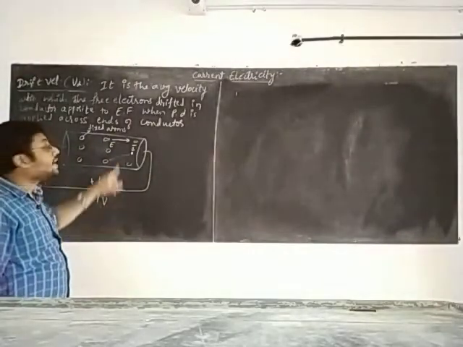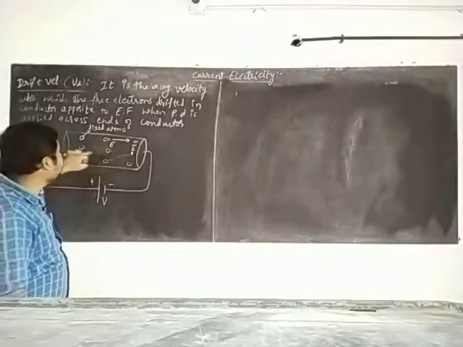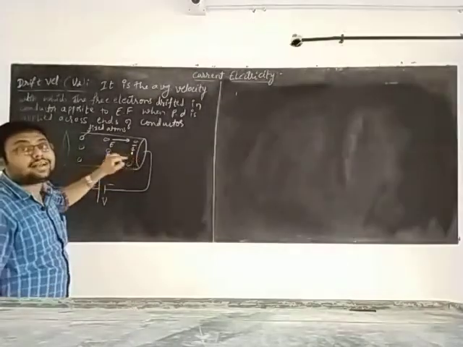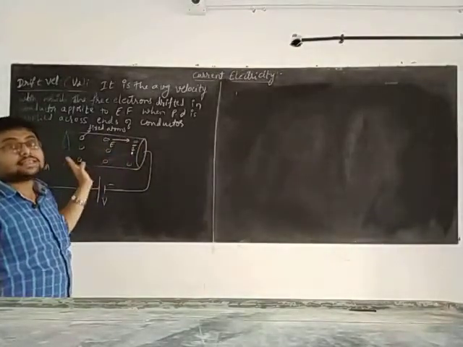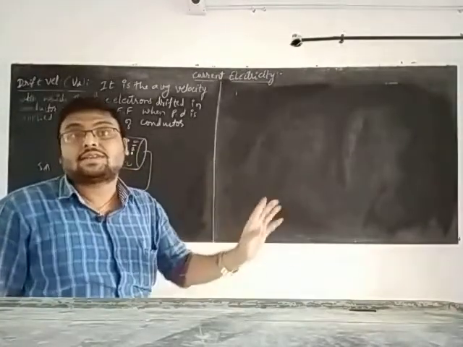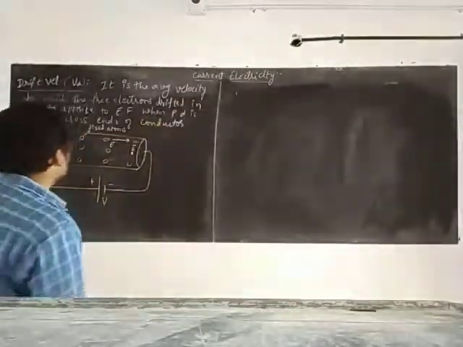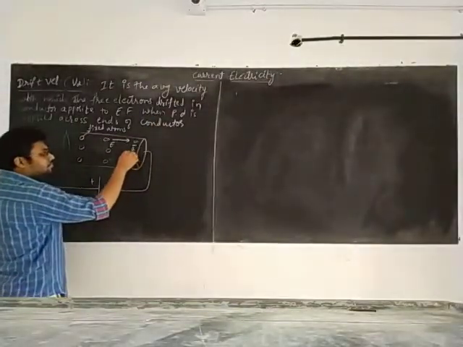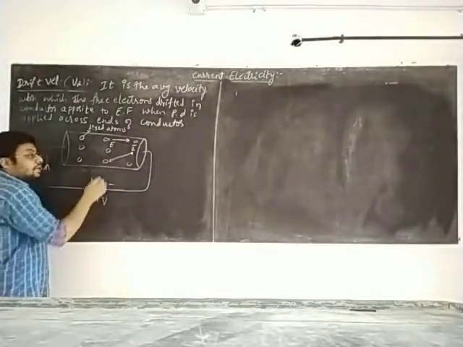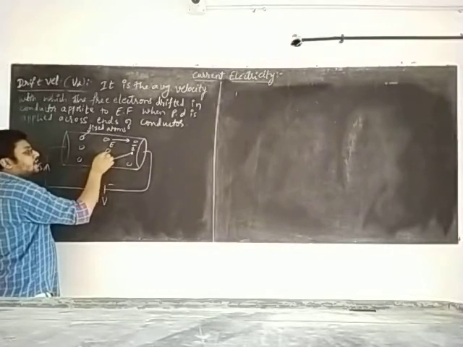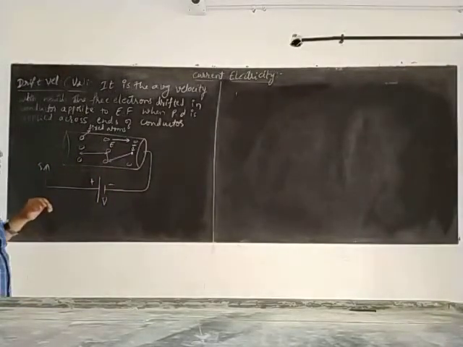That electric field is going to accelerate these free electrons in this direction, which means the free electron accelerates in the opposite direction to the electric field. The electric field direction is from plus to minus, so the electron will move from minus to plus. When it moves, it is going to collide with an atom, change its direction, and move again. Is it clear?